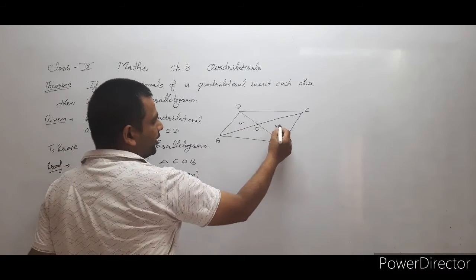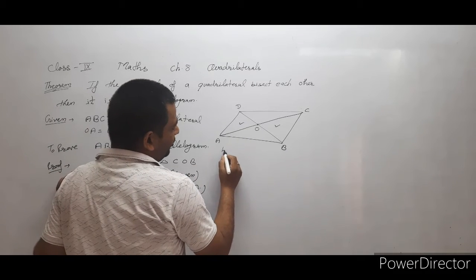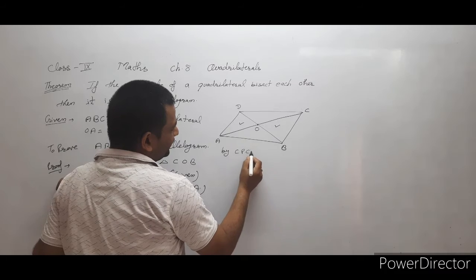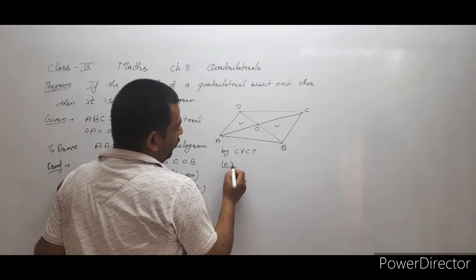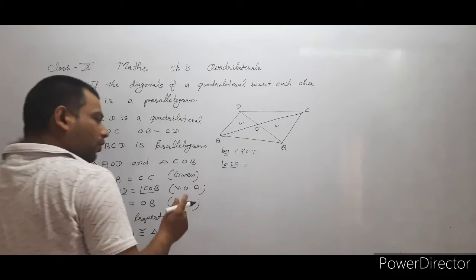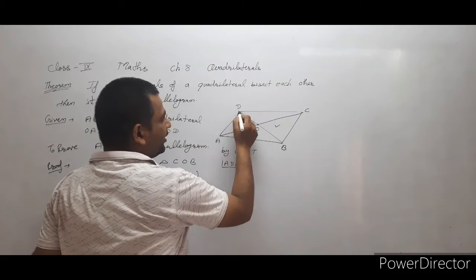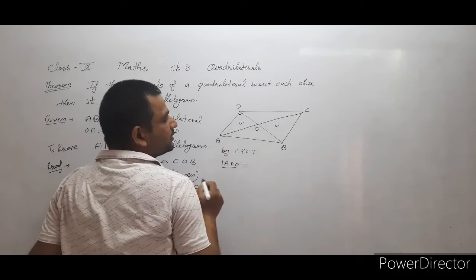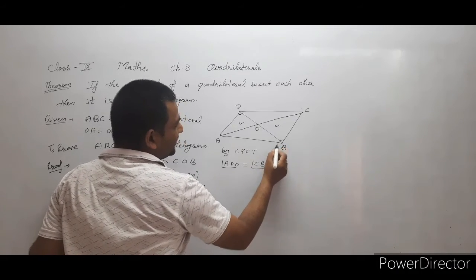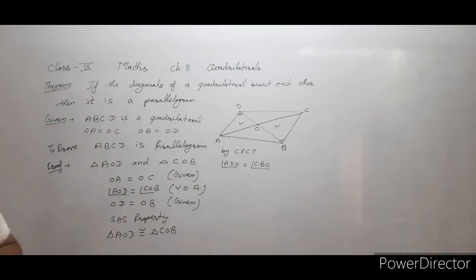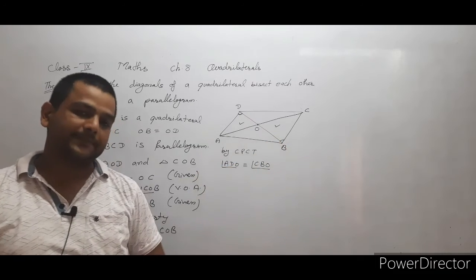These two triangles are congruent to each other, and if these two triangles are congruent, then by CPCT we can say that angle ODA, or we can write it as ADO, and angle CBO are equal.